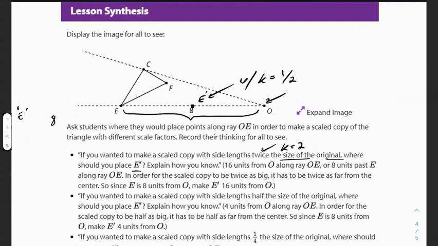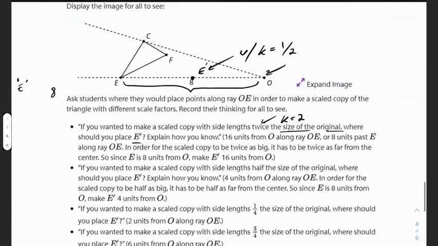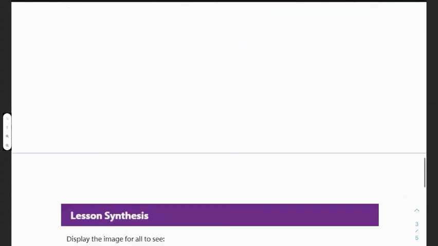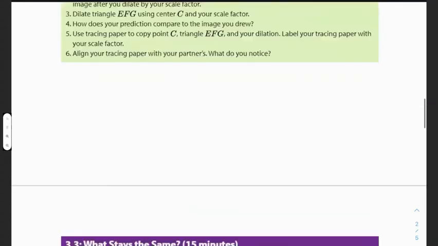Every point you're projecting is going to have to go in reference to where your point of projection is, whether it be point O or P or C, whatever they labeled it in the examples or any problem that you see in the future.